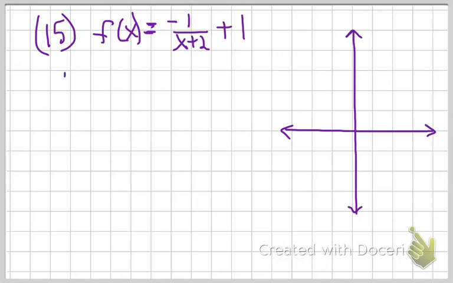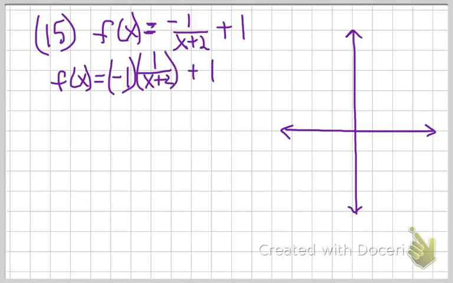The first thing I'm going to do with this problem is rewrite it very slightly, which is to put negative 1 out front times 1 over x plus 2. The only reason I do that is because it helps me to see that I have a negative, which causes my slope to be changed, which causes it to be a reflection.